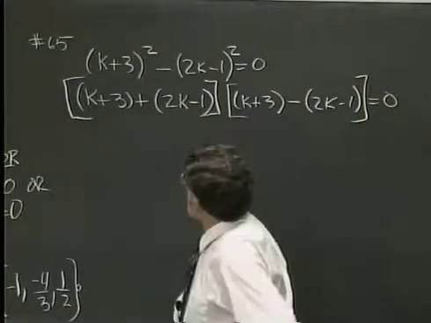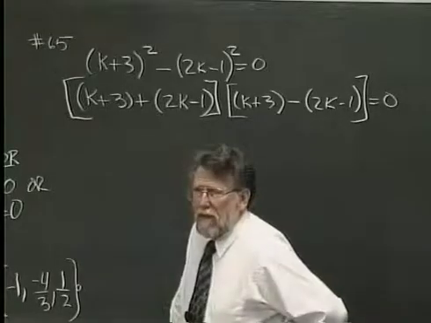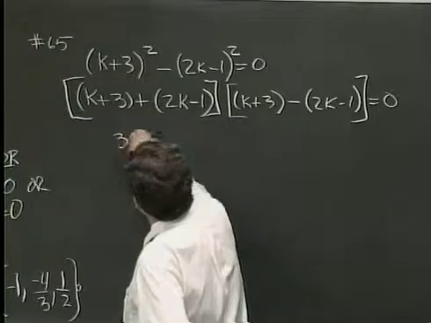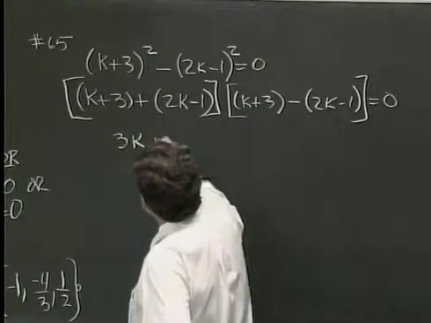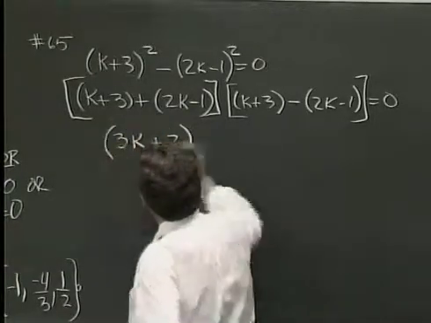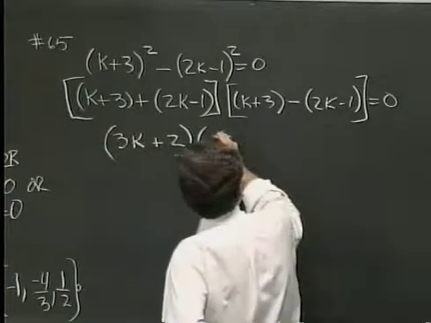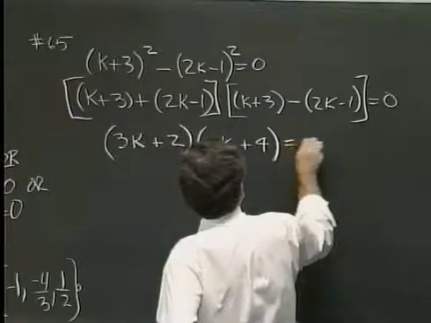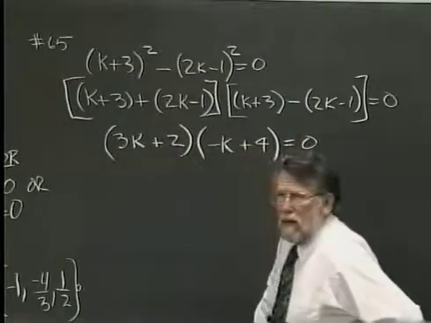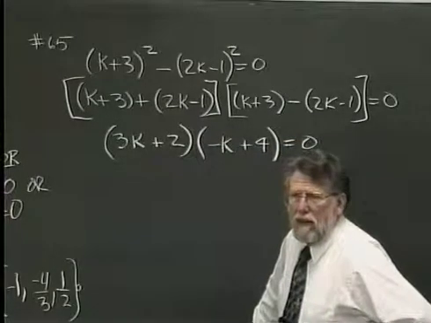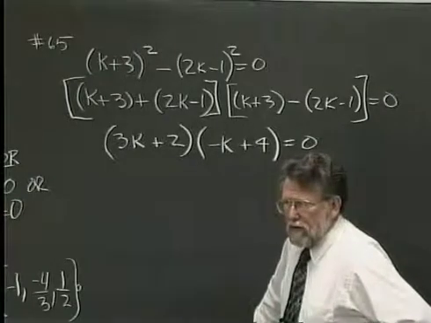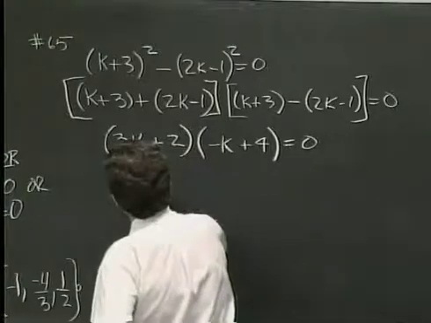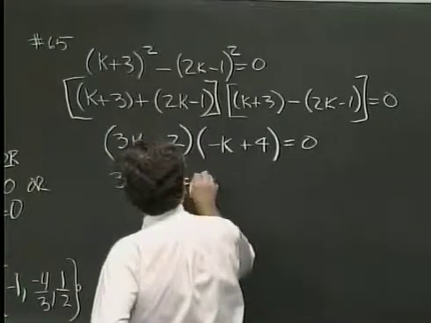Then it probably is better to simplify this as 3k plus 2, and here I have minus k plus 4. Then I have 2 simpler looking factors. So I'll set each of these 2 factors equal to 0.